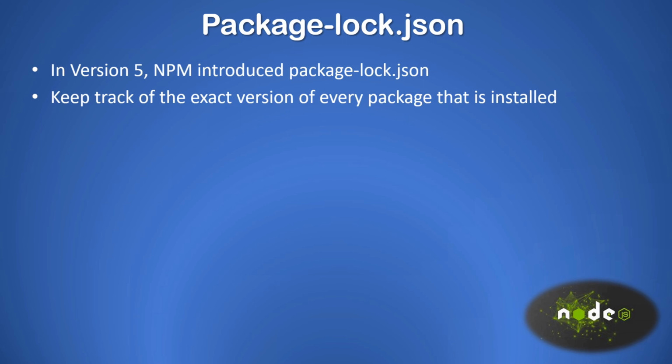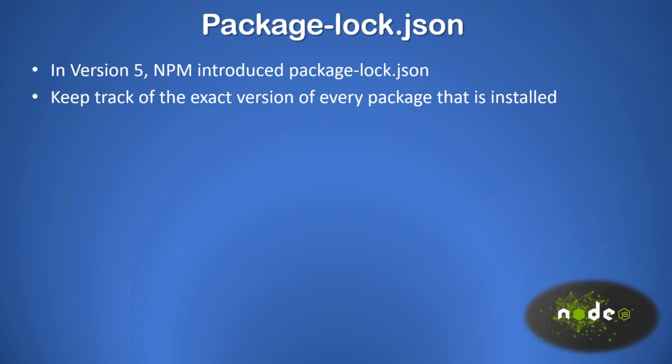And here, the main purpose, the goal of package-lock.json, is to keep track of the exact version of every package that is installed, so that the application is 100% reproducible in the same way, even if packages are updated by their maintainers.